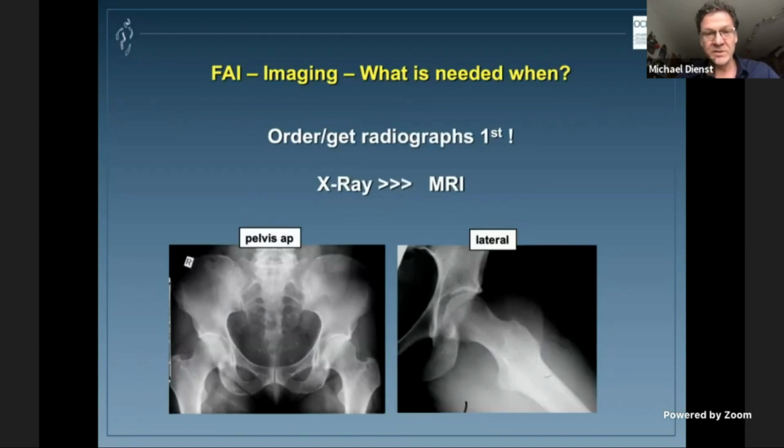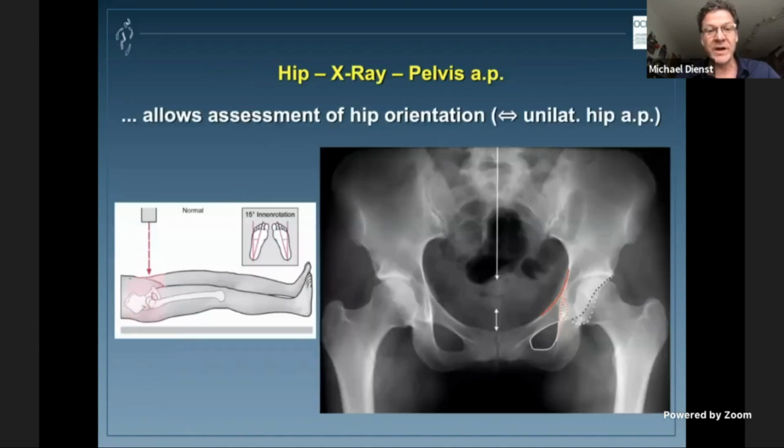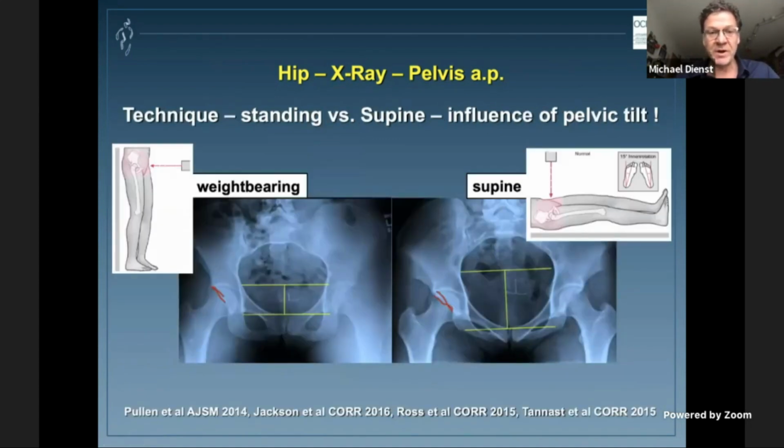In terms of imaging, I think most of you know what is needed. Usually we ask for radiographs first, a good pelvis AP radiograph and a lateral radiograph, and it's very important to take an AP pelvis and not a deep AP pelvis, because we need to be able to evaluate orientation of the acetabulum within the three-dimensional pelvis.